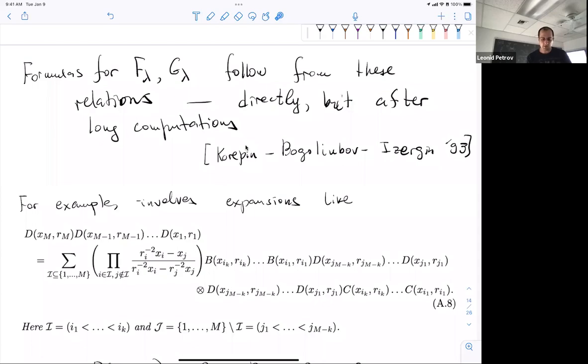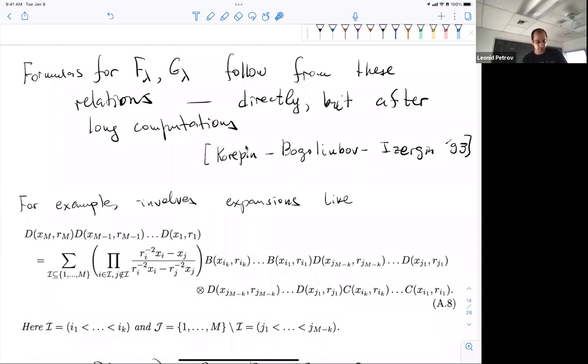For example, there is an appendix with one formula in the book by Korepin, Bogoliubov, Izergin, and then one can extend by induction after very long computations, inductively applying products and tensor actions to build the lattice.